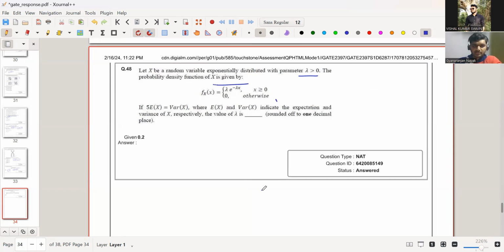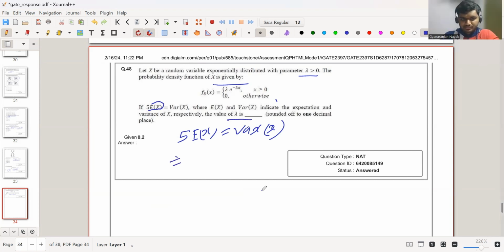If 5 E[X], meaning 5 times the mean of X, is equal to the variance of X, then what is the value of lambda?